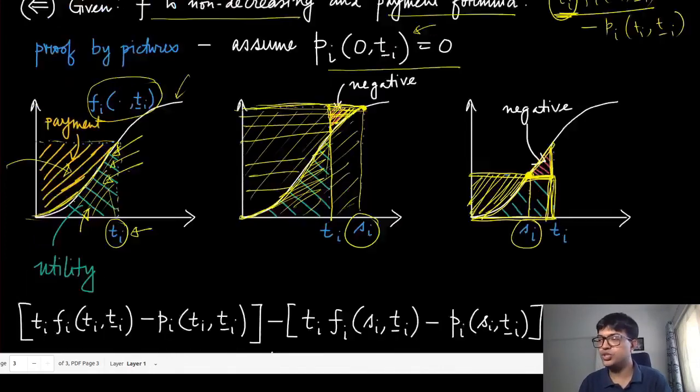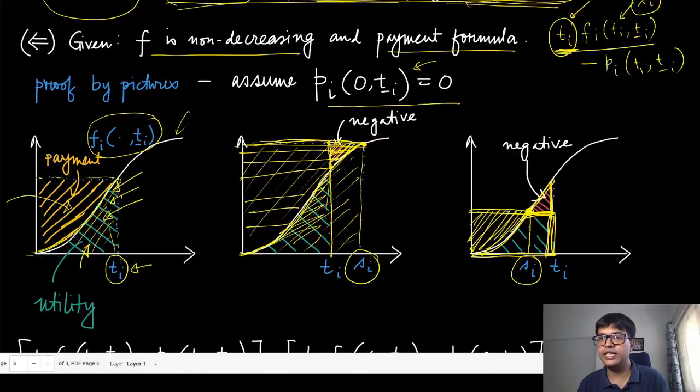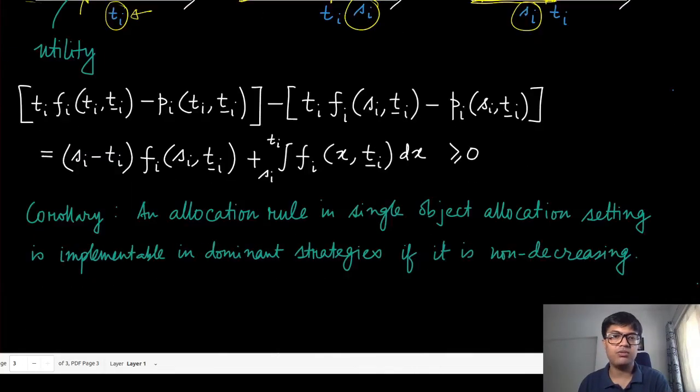So we could show, using this payment formula and the fact that this is monotone, that it is essentially truthful. It is dominant strategy incentive compatible. One can show this even more formally, but the proof by pictures is much more intuitive, and perhaps will stay longer in your mind.